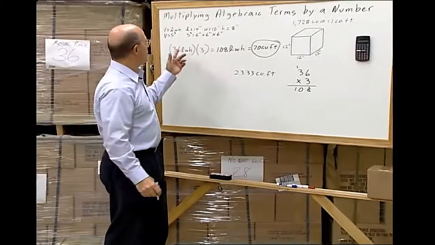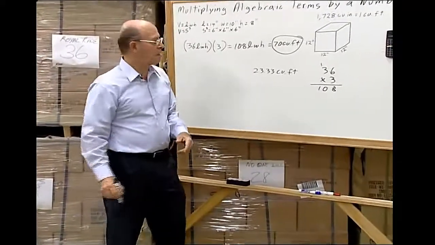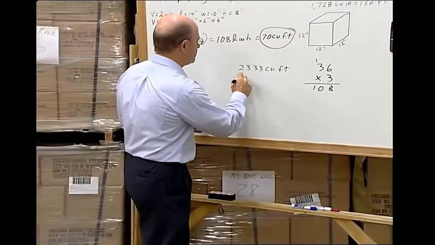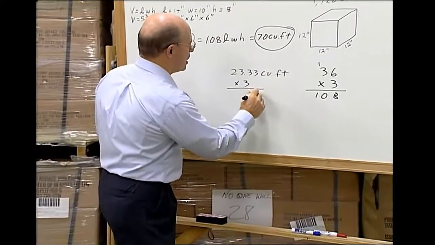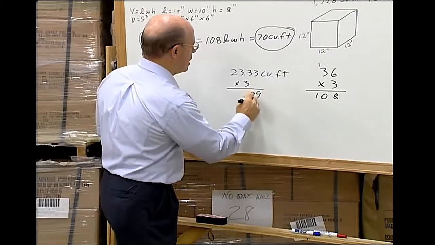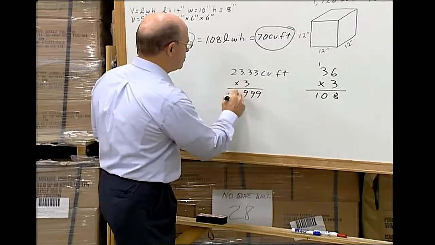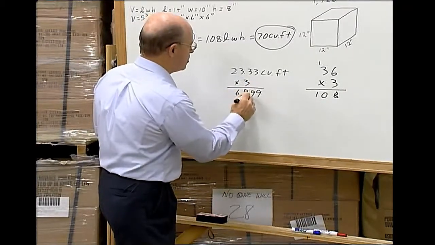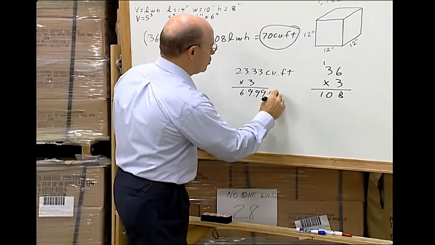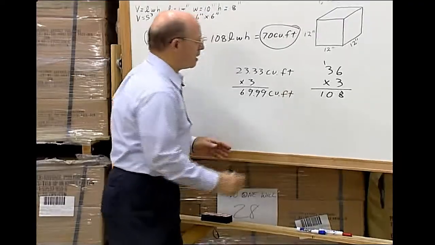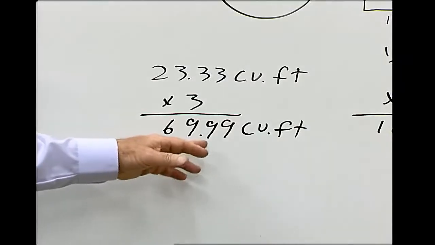And we have 3 of these pallets, so we multiply that by 3. 3 times 3 is 9, times 9, times 9. 3 times 2 is 6. Move the decimal point over 2 places. So it's 69.99 cubic feet.